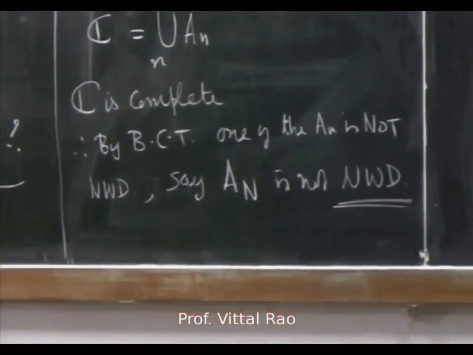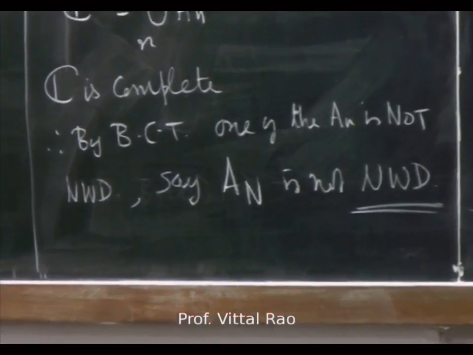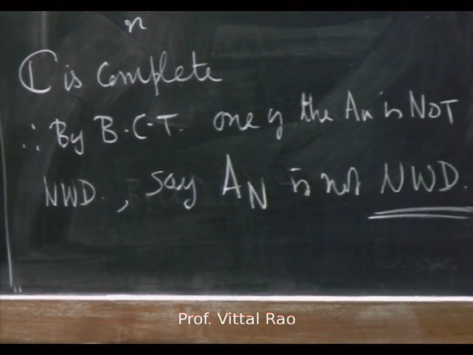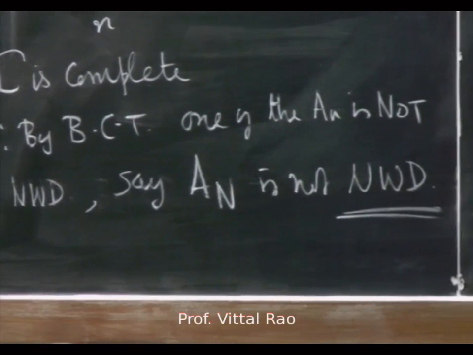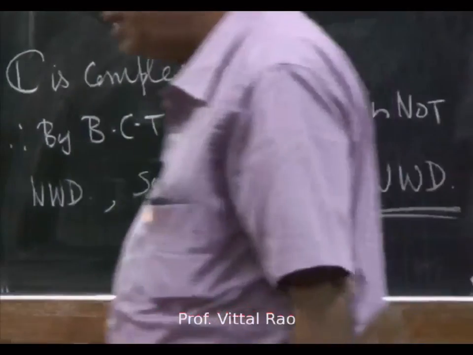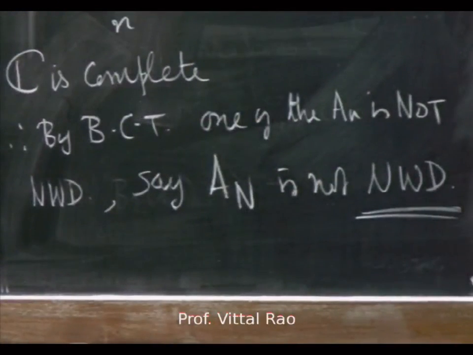Okay. Now I am going to interpret the fact that An is not nowhere dense. What is meant by nowhere dense? I said that one way of interpreting nowhere dense is that the interior of the closure is empty. Not nowhere dense means the closure must have at least one interior point.